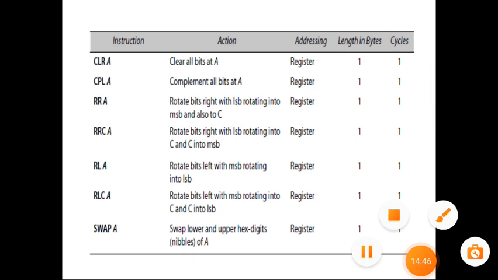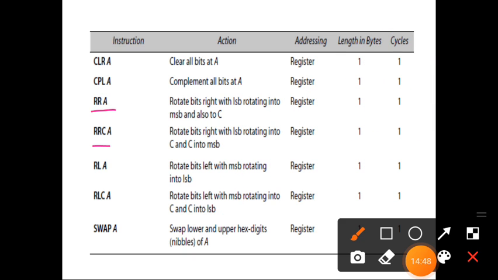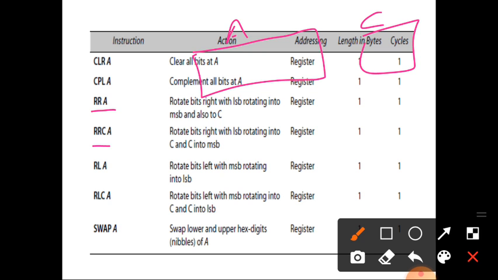What is the difference between these two instructions? For RR A, this is the accumulator content and this is the carry; this is the LSB and here it is the MSB. Rotate right means each bit rotates to the right, so the LSB is rotating into the MSB, and also to carry.